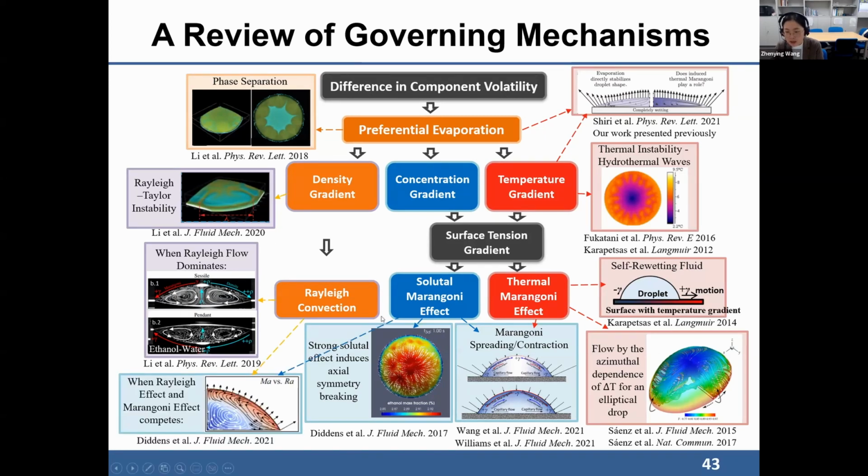And in some other cases, the Rayleigh convection and the solutal-Marangoni effect might compete with each other. Depending on their relative strength, they will cause even more interesting, more colorful flow patterns inside the droplet.